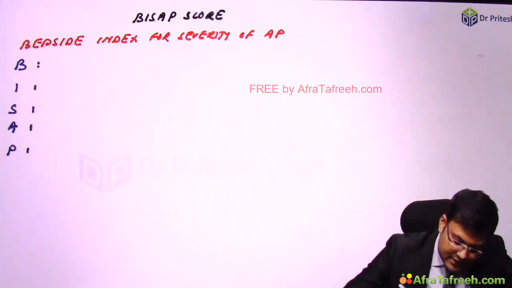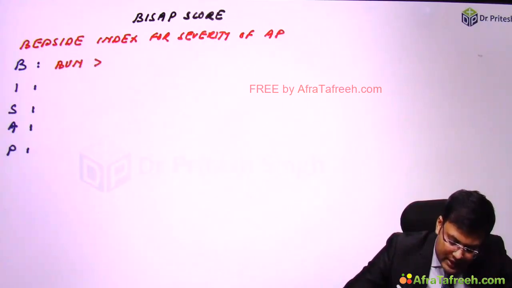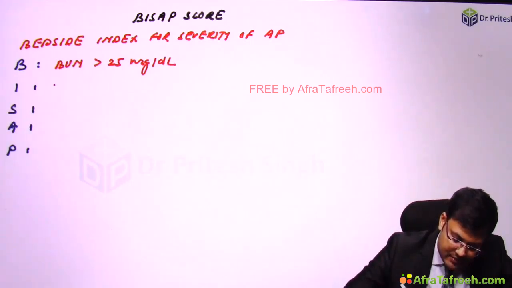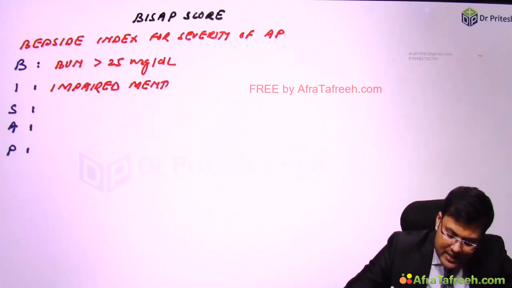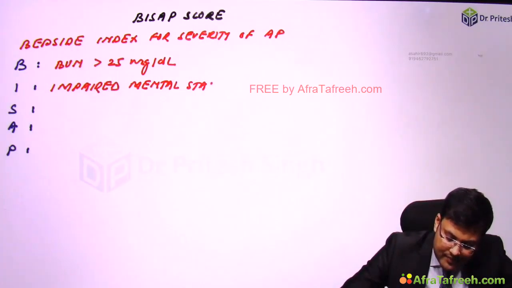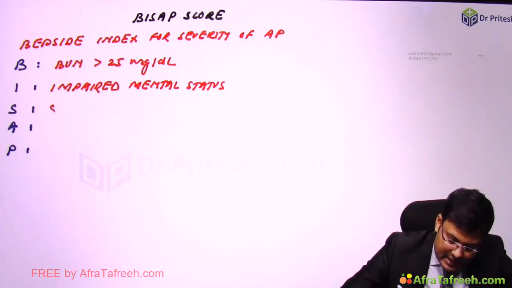So full form, first, B is blood urea nitrogen more than 25 milligram per deciliter. I is the impaired mental status. S is SIRS.